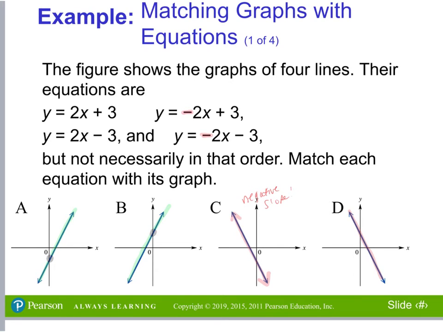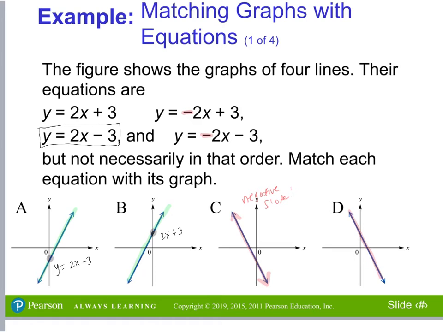y-intercept. In this case, A has a negative y-intercept, and so this line right here looks like the one that might match. So y equals positive slope, positive 2x minus 3. And meanwhile, B could be 2x plus 3 because it has a positive y-intercept.